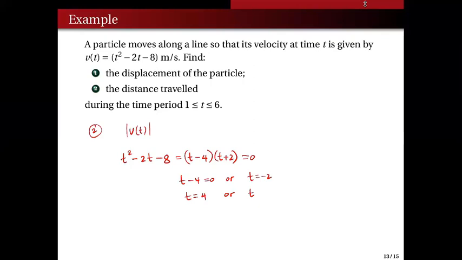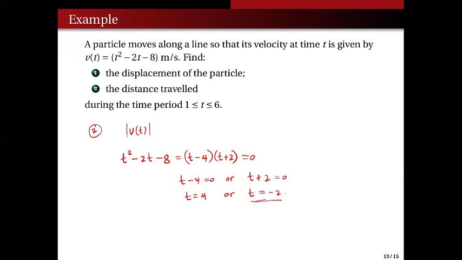Sorry, I already wrote t equals negative 2. But here you have t plus 2 equals 0, or t equals negative 2. This is negative time, so we don't care about that for now. But in here you have t equals 4. And your time period is from 1 up to 6.